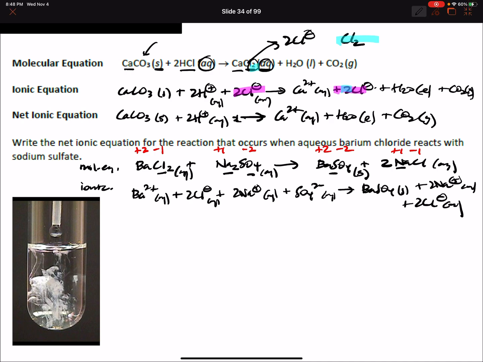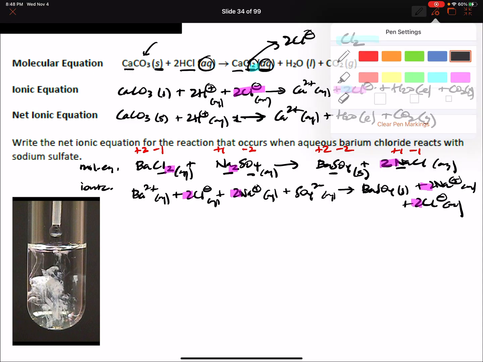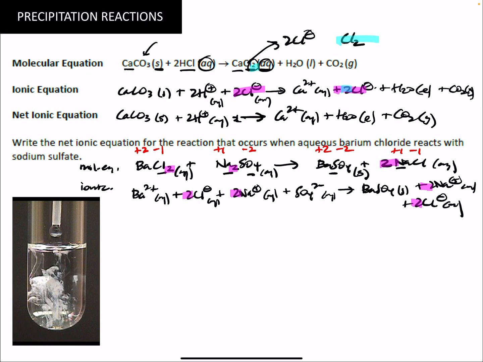So I just rewrote everything that was aqueous as separate ions. And remember, subscript 2's become coefficients in front, right? This is a 2, so this 2 is carried over for both of them. All right. It makes sense if you remember these things are atoms, right?